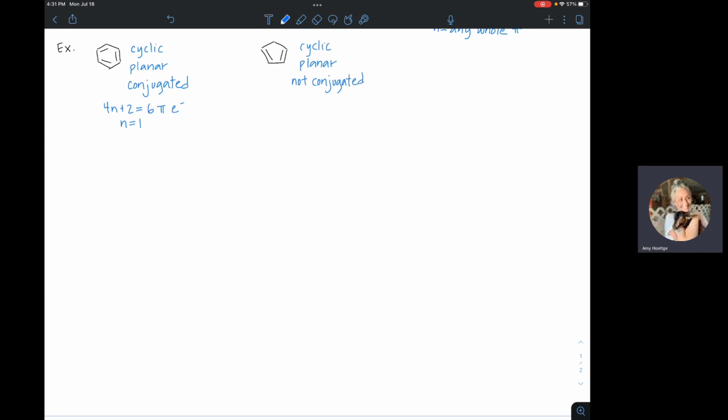And so if you hit one of the criteria and you don't actually meet it, so we're cyclic, we're planar, but we're not conjugated, then the number of pi electrons is not relevant. In other words, this is not an aromatic compound. So benzene is aromatic.